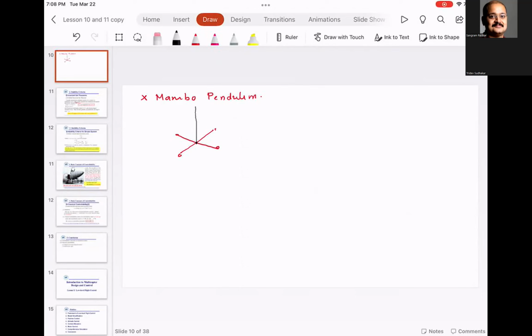So, create the Mambo pendulum. Implement a complementary filter for roll and pitch.